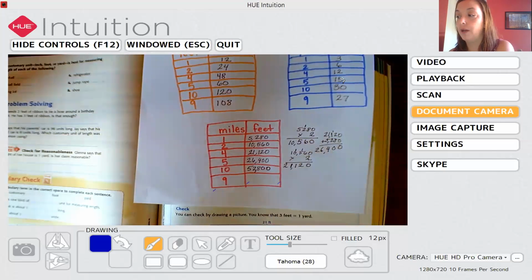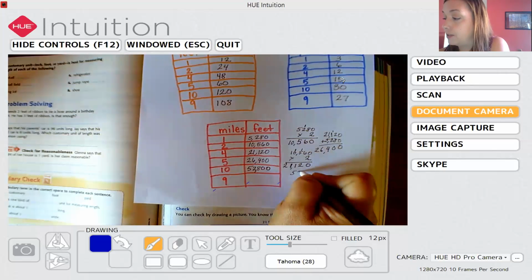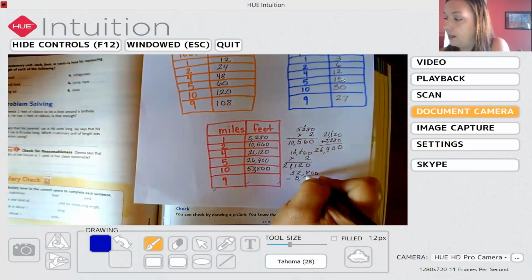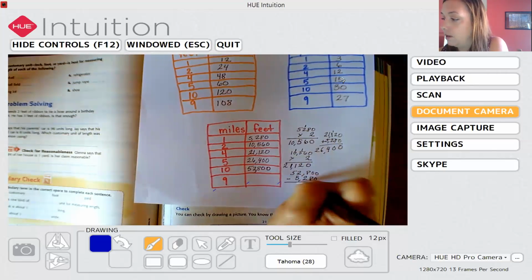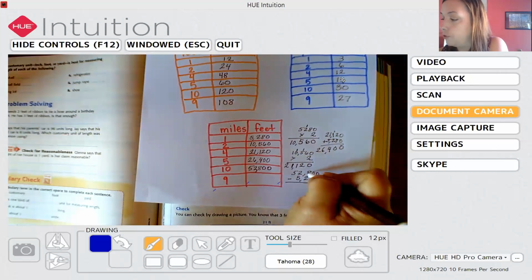Now, if I want to do 9, what I can do is I can take the 52,800, sorry, and I could subtract 1 mile has 5,280, and I have to regroup.